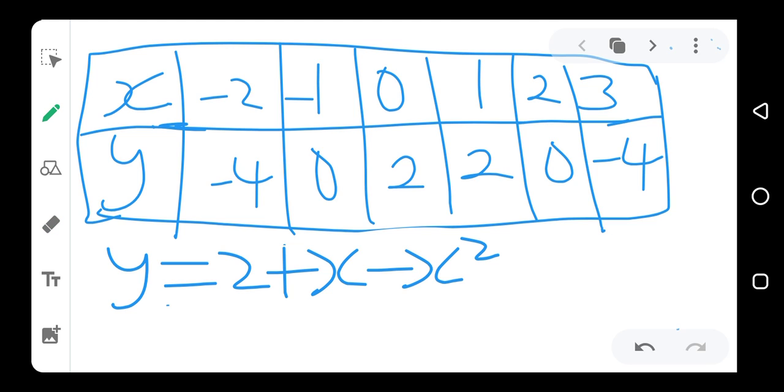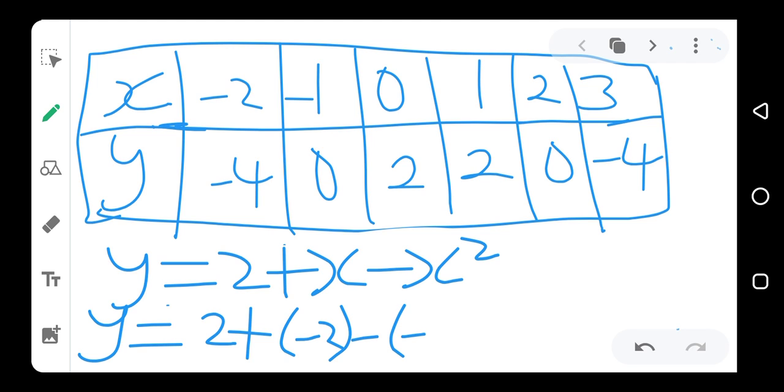So from this equation, when x is equal to minus 2, the value of y is going to be 2 plus minus 2 minus bracket minus 2 squared, which is equal to 2 minus 2, and minus 2 squared is plus 4.